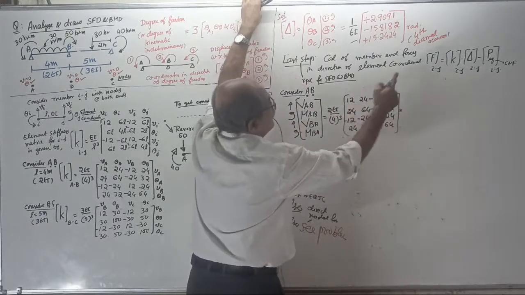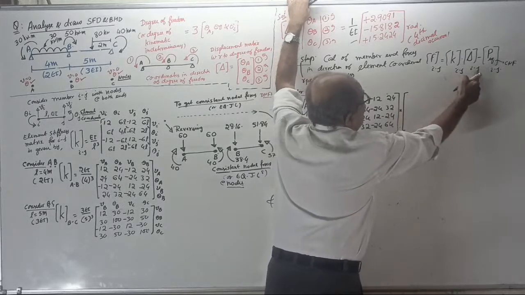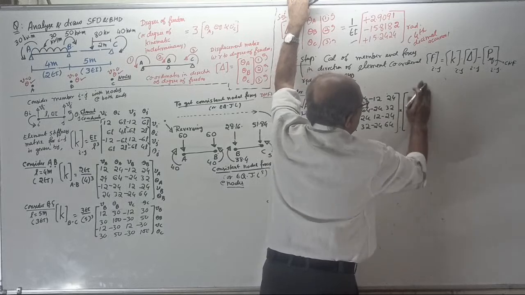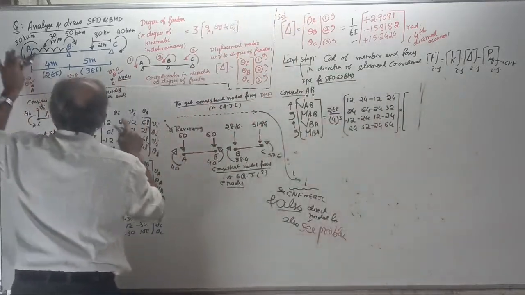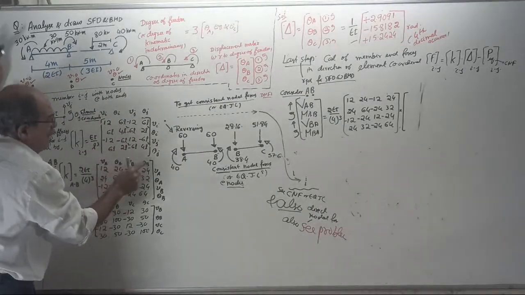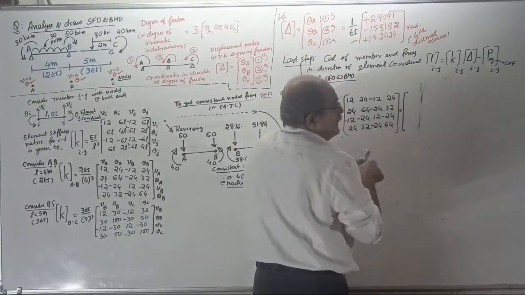Into what? The displacement matrix only for ij means the displacement matrix only for AB. Only for AB is what? VA, theta A, VB, theta B. Same order. Into red color.